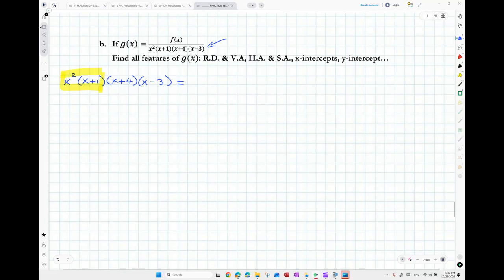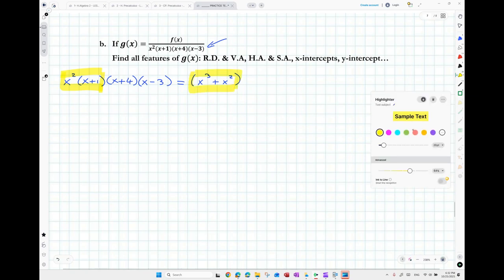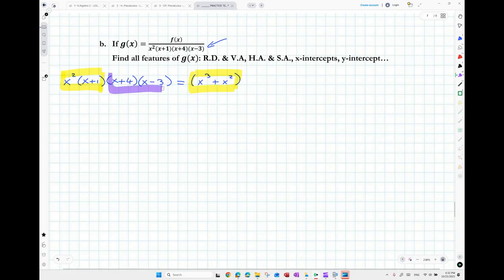I'm first going to distribute this. I would have x cubed plus x squared in there. And then I am going to FOIL these two binomials. I will have x squared plus x minus 12.